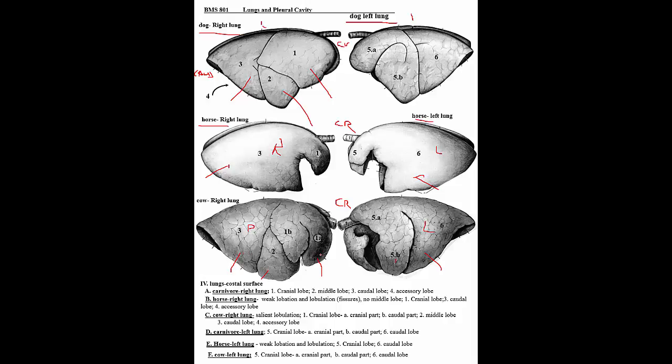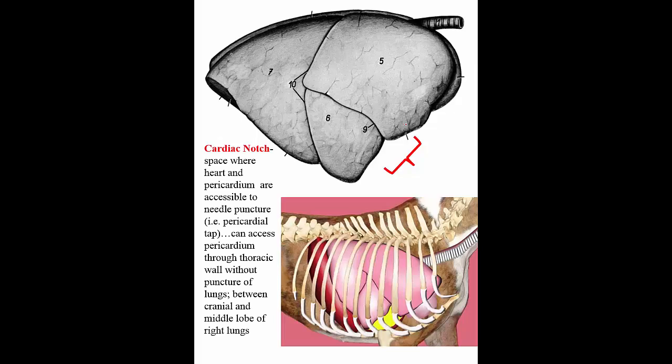And one of the other differences between species in the cow, you can see these little fissures, and these are called lobulations. So there's much more lobulation in the cow lungs than the horse or the dog. There are some general differences that physiologically or functionally are hard to explain, but these are just some general differences you should be aware of between the species with respect to their lungs.